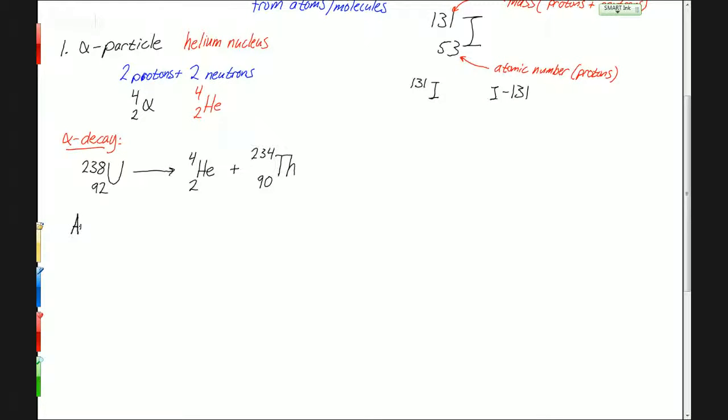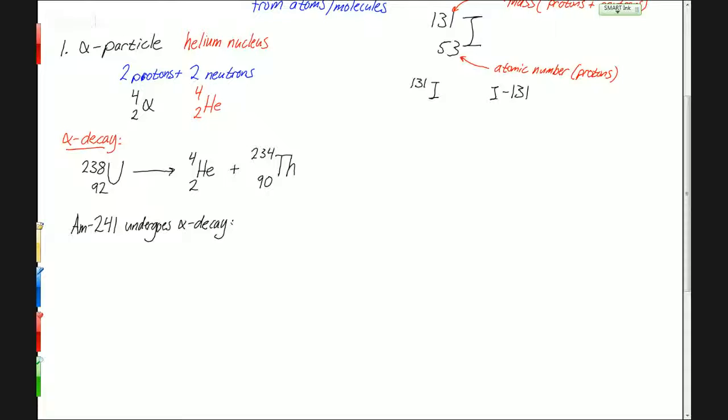I'll write it in sentence form, and then you write it in reaction form. Americium-241 undergoes alpha decay. So see if you can write that reaction the same way.